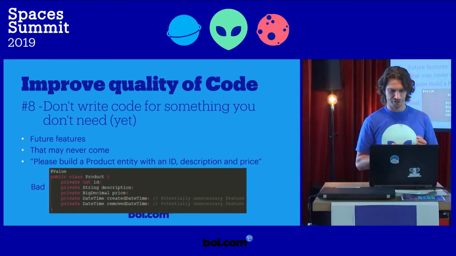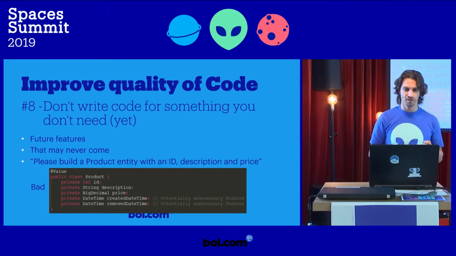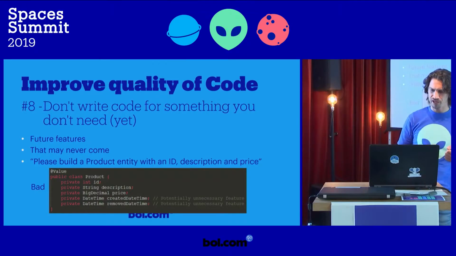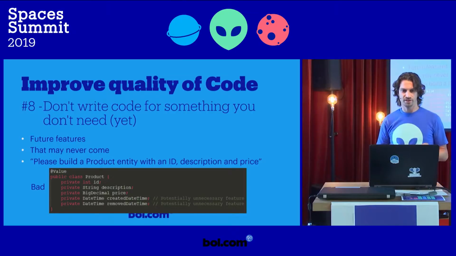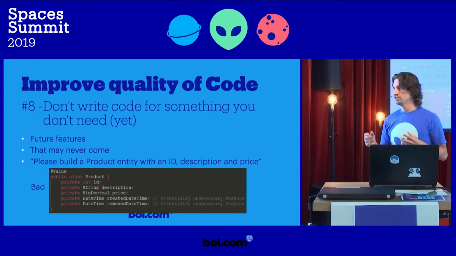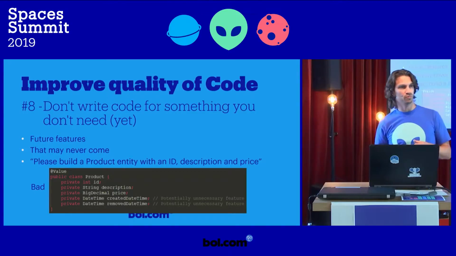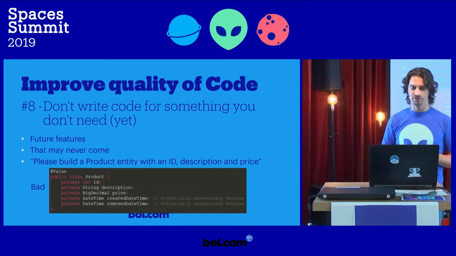So as a software engineer, we build this nice class with the ID, description, and price, but we add a little bit extra, the created date time and the removed date time, because maybe the software engineer had some future features in mind about this product being removed at a certain point, and then we can log stuff about when that happens.